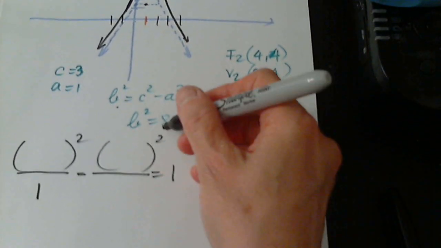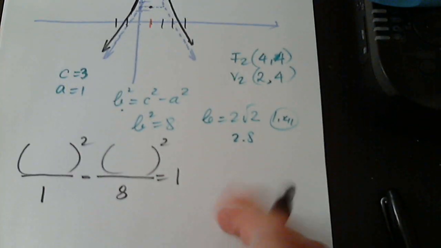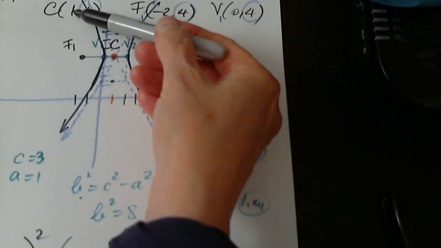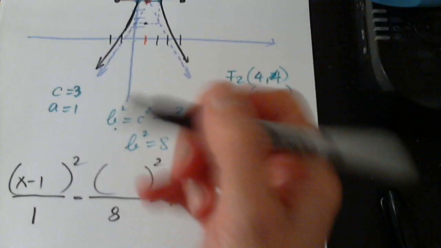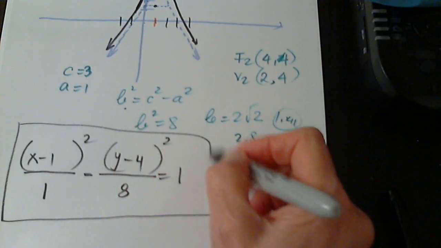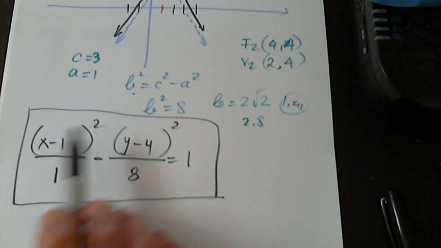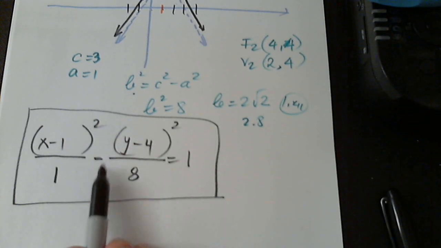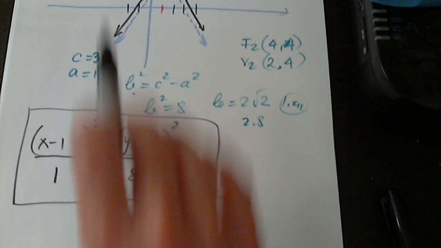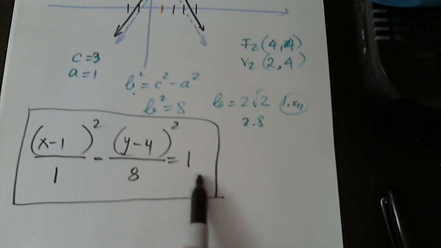B squared is 8. So now, x minus the center, y minus the center, and this is it. X minus the x coordinate of the center squared over a squared minus y minus the y coordinate of the center squared over b squared equals 1.